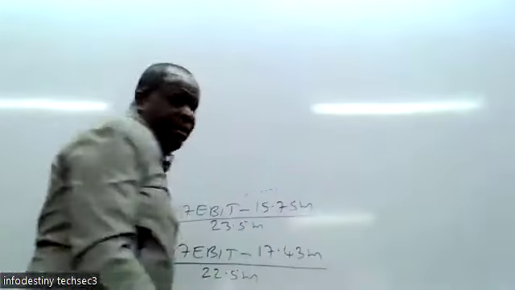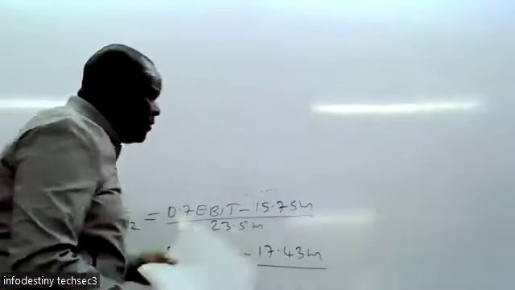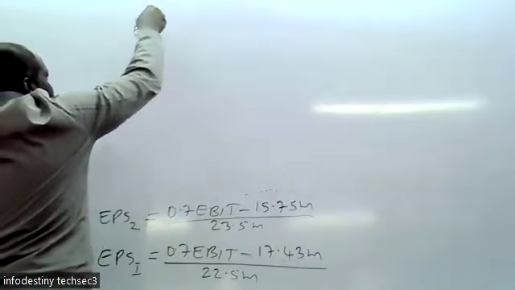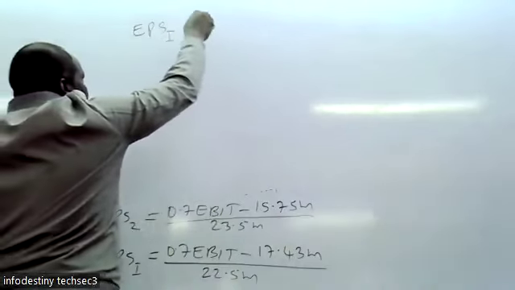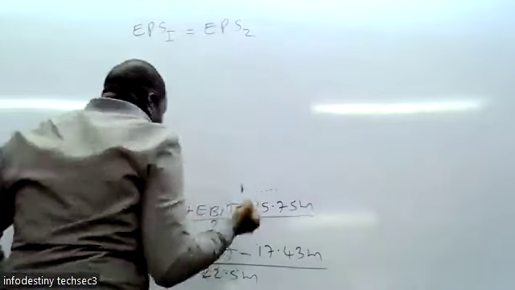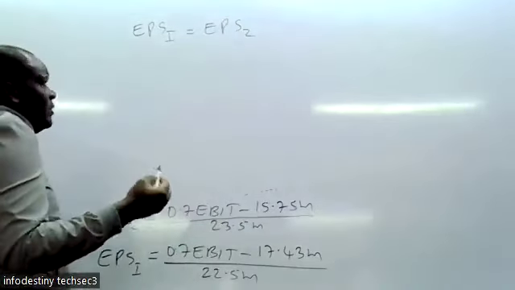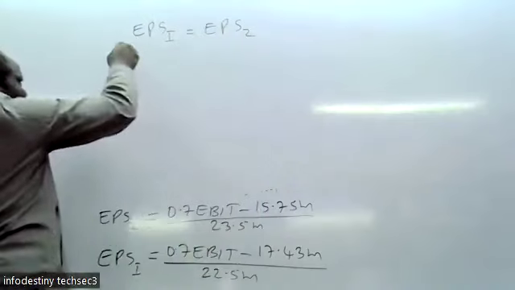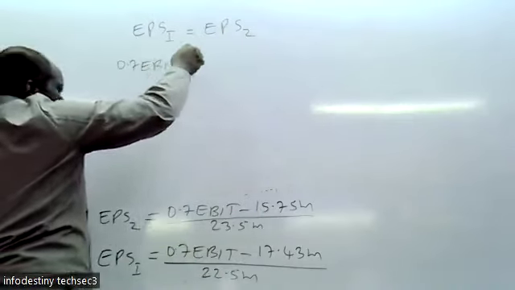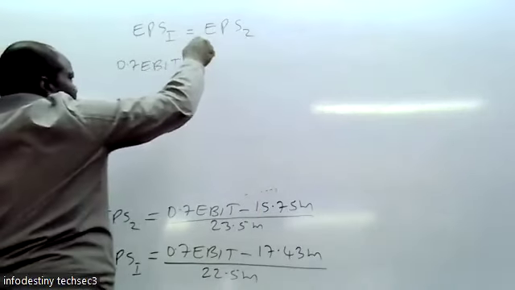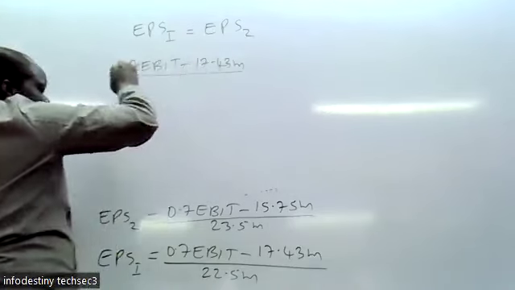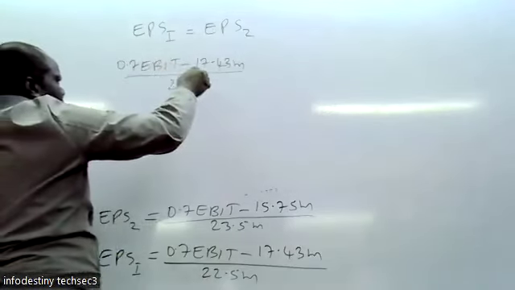So for option 1, it was 0.7 earnings before interest and tax, you subtract 17.43 millions, and you divide by 2.5 million.